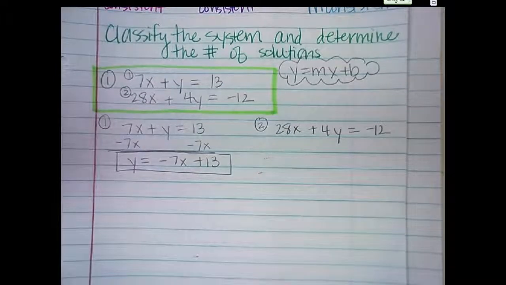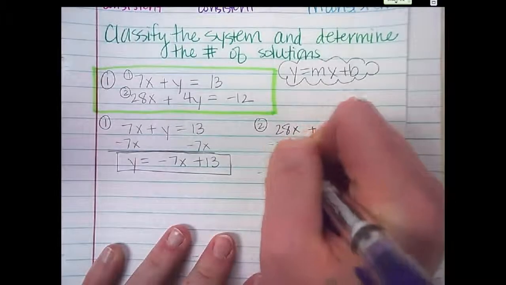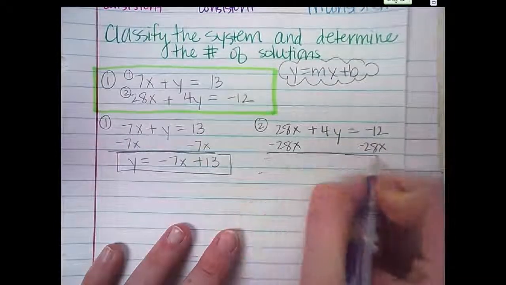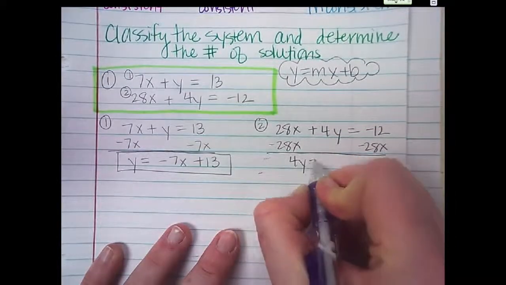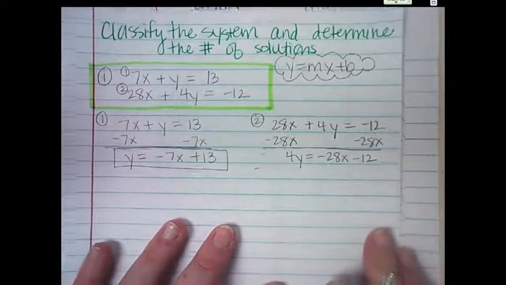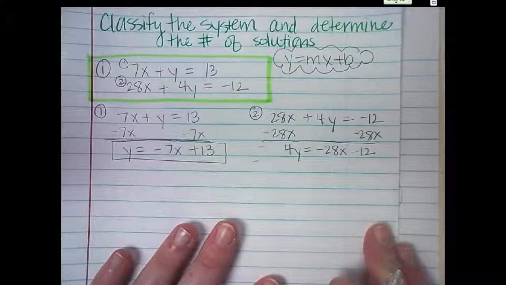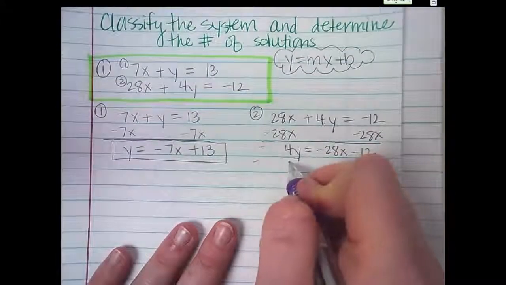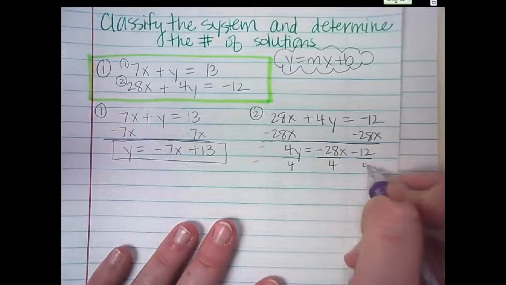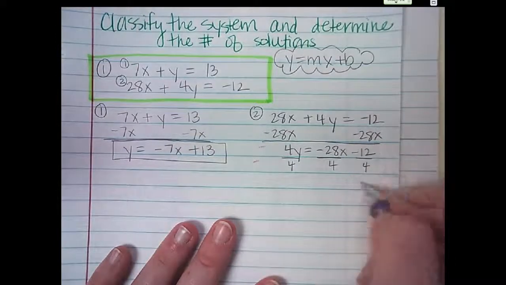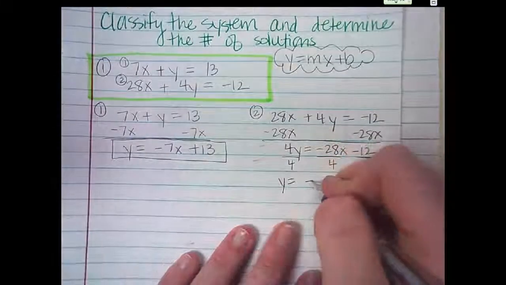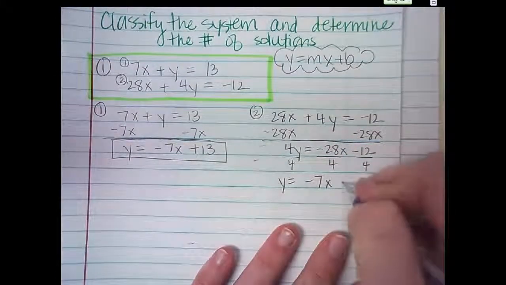Subtract 28x. 4y equals negative 28x minus 12. And when you divide by 4, I want to see you divide by 4 here and on all of these pieces over here. Some of you are forgetting to do this part, and it's going to mess up your graphs. So y equals negative 7x minus 3.